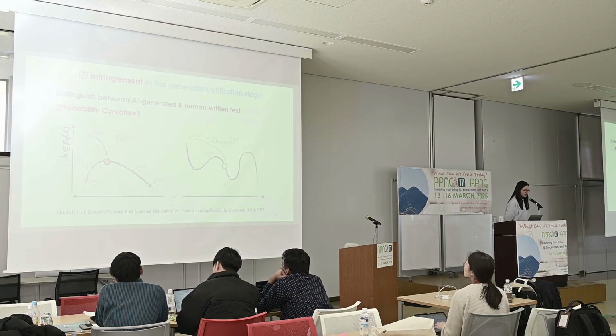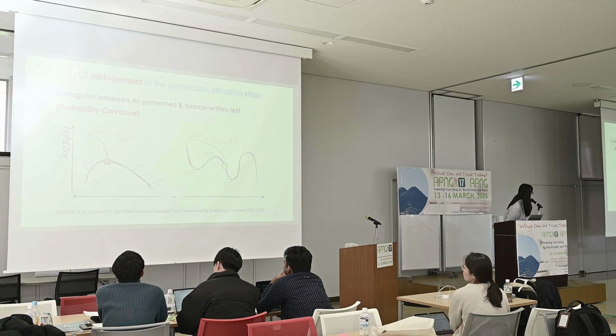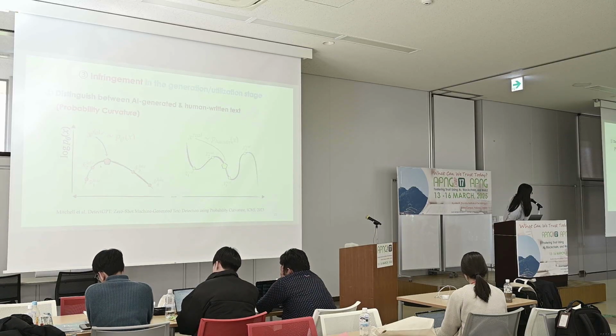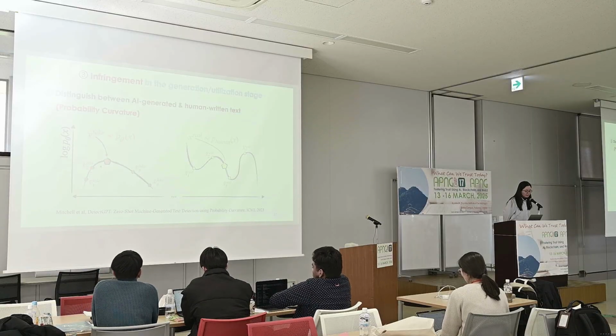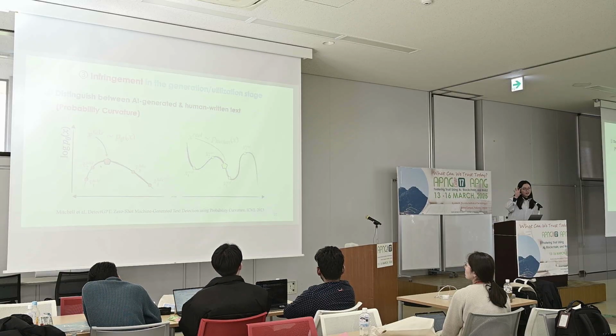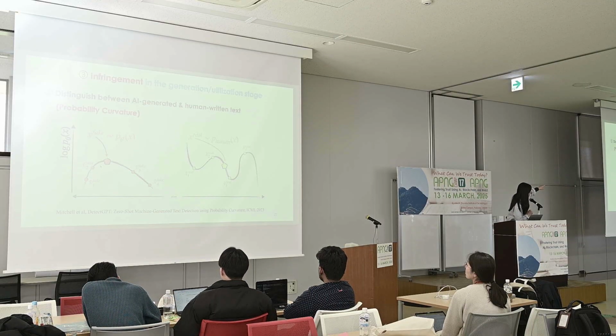Now, how to distinguish between AI generated and human written text? Here is also one figure showing the intuition of the technical solution. This figure uses the probability curvature. What does that mean? When AI generates a sentence, for the next token, AI always calculates the probability for the next token and outputs the next token with the largest probability. This is the basic idea of the AI. So as you can see from the left figure, the probability curve always goes to the top.